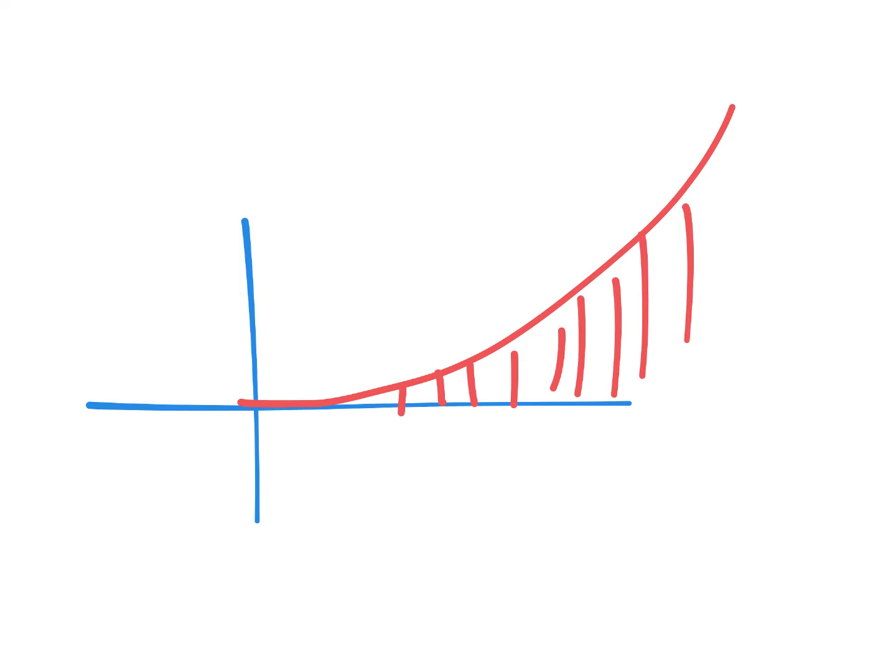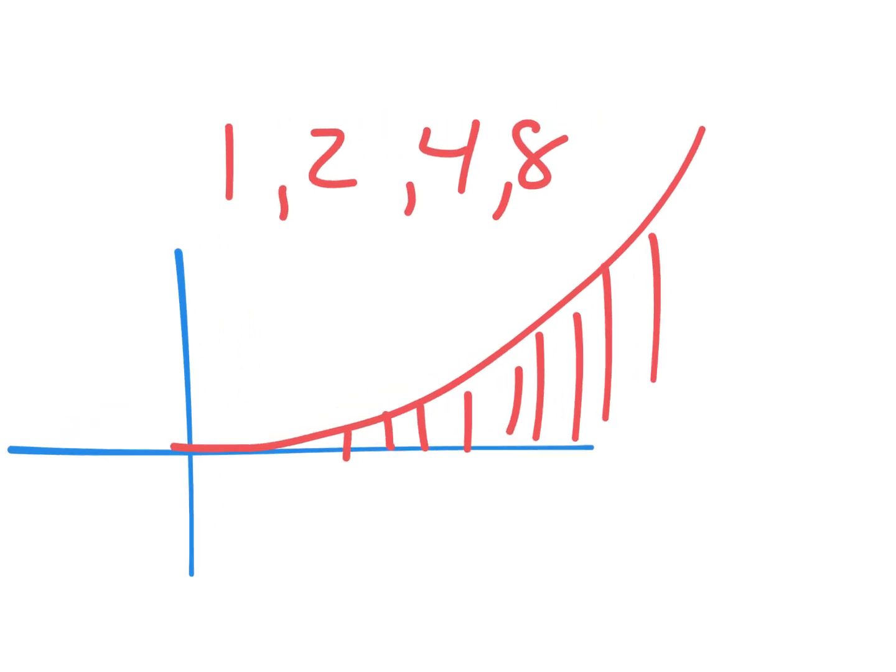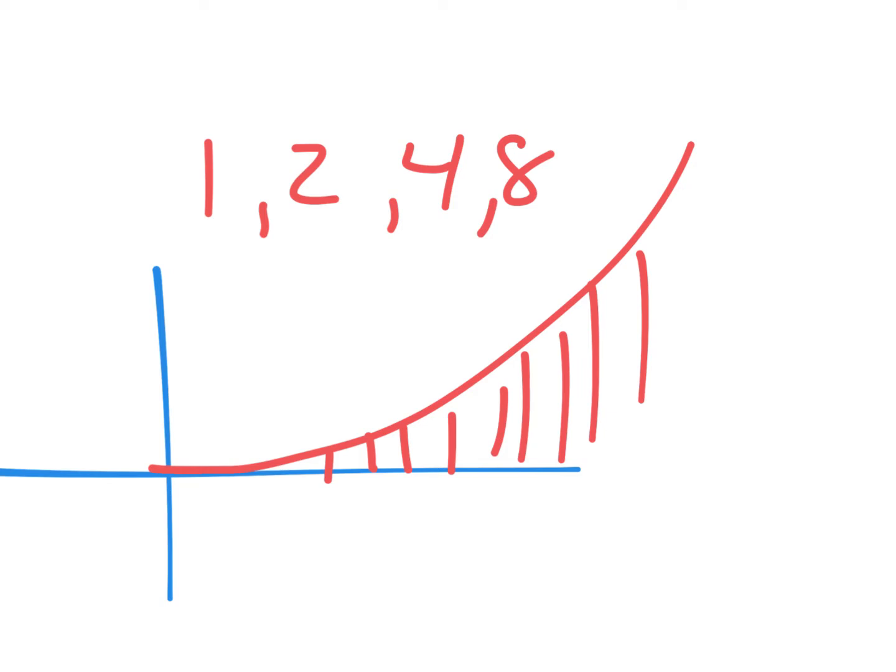Okay, so that's like 1, 2, 4, 8, 16, etc. Is that converging or diverging? Diverge. And can you add them all up? No. All right. What would the R value be here? Well, something bigger than 1, right?